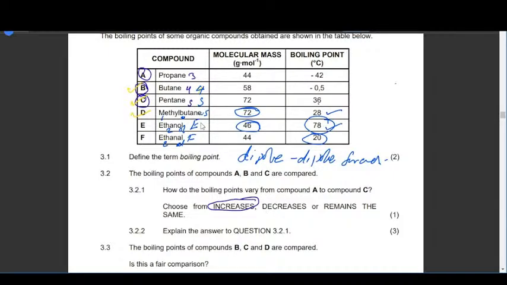So this one is going to have the higher vapor pressure. Why? Because it has the lower boiling point. Therefore, it produces vapor with less heat compared to this ethanol. So the answer is D. Reason: because of the low boiling point.